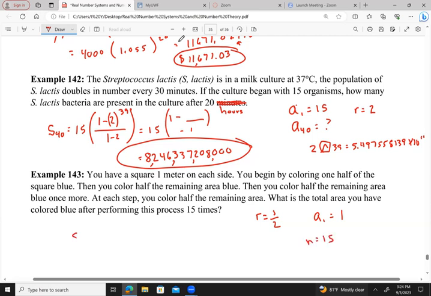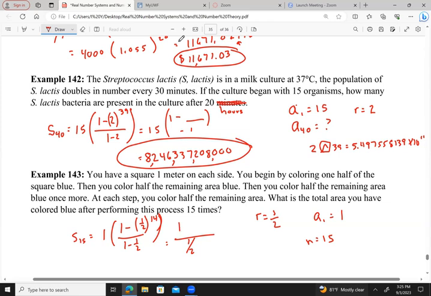So we're looking for S of 15 equals 1 times (1 minus 1/2 to the 14th power) all over 1 minus 1/2. So I have 1/2 on the bottom here and 1/2 to the 14th. Okay.